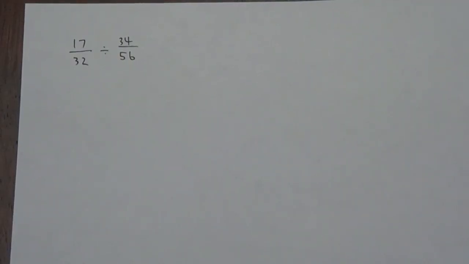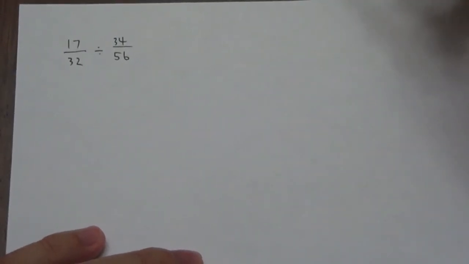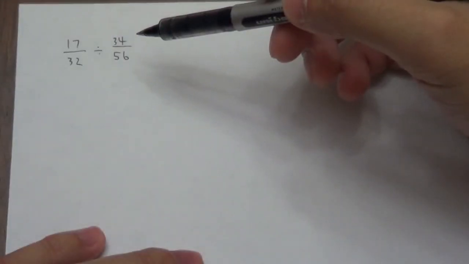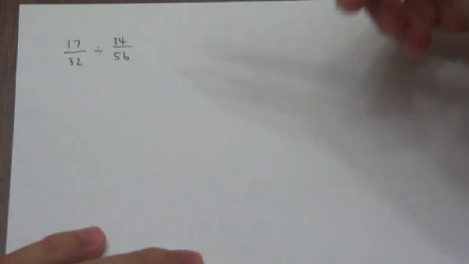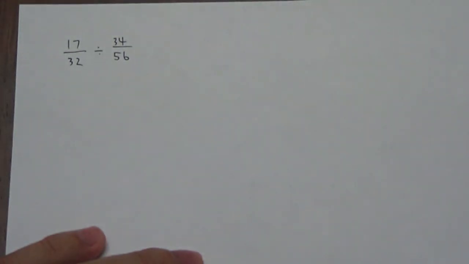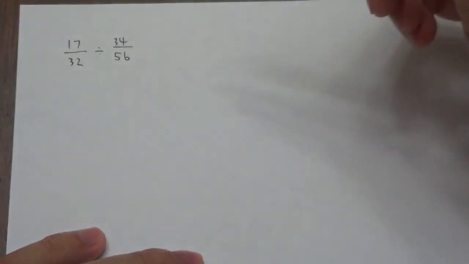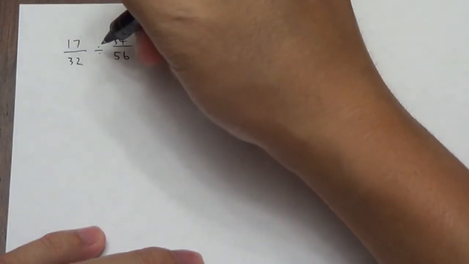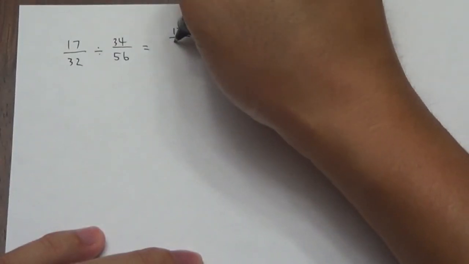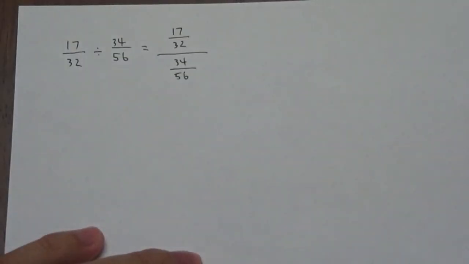Now here's why the rule works the way it works, where you can simply multiply by the reciprocal and get the same thing. I'm going to show that by using the stacking method. What I mean by that is I'm going to rewrite this problem by stacking the fractions on top of each other.